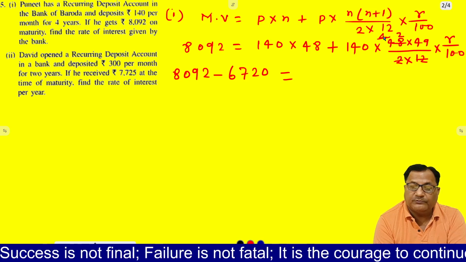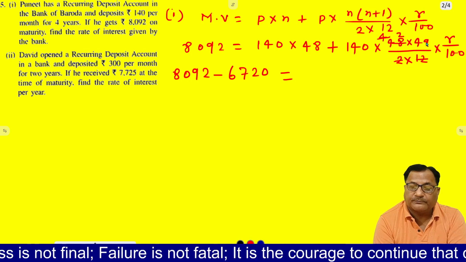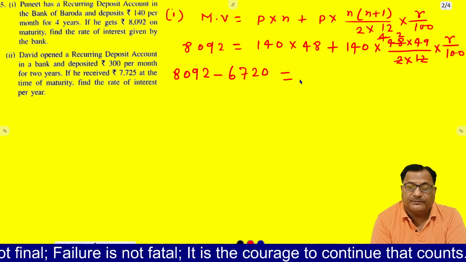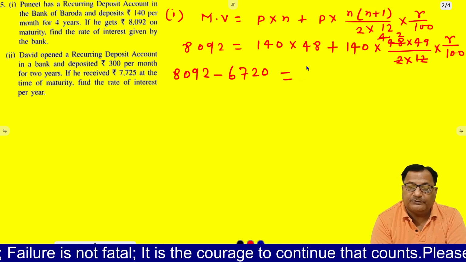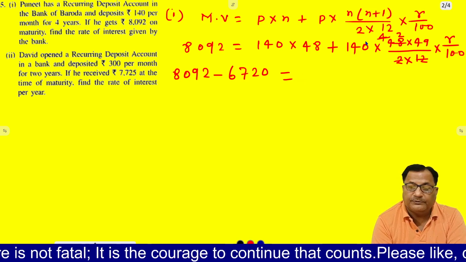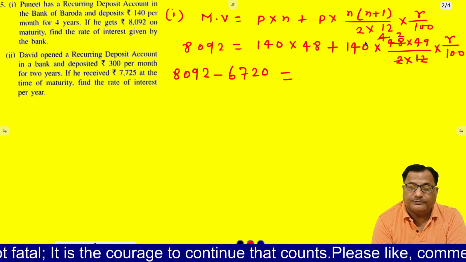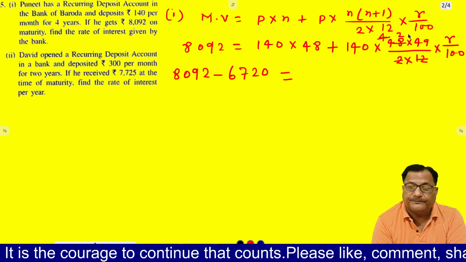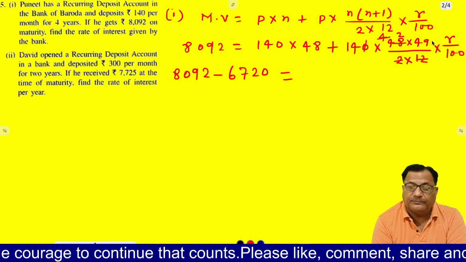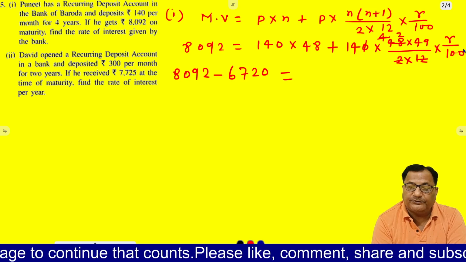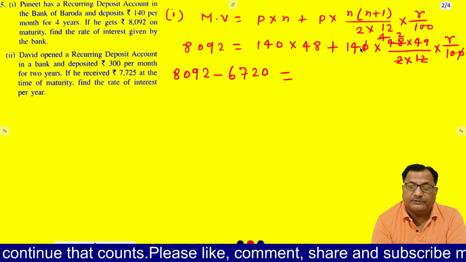This 2 will also be cut. So here this is 0 and 0, this will be cut.